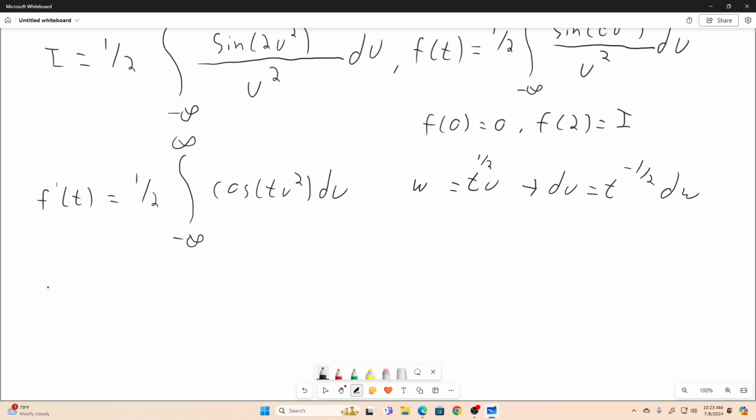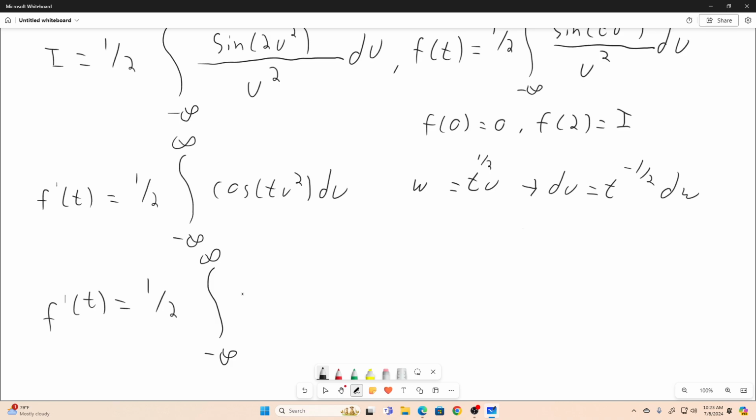Okay, so now our f prime of t becomes, well, let's see, we're still going to have our 1/2, and we'll still have the integral going from negative infinity to infinity, since our new variable is just a constant multiple of our old one.